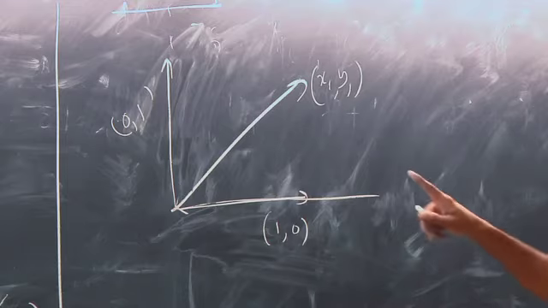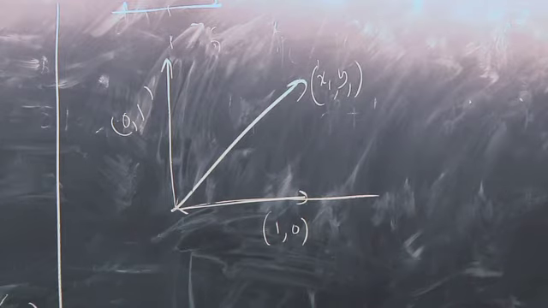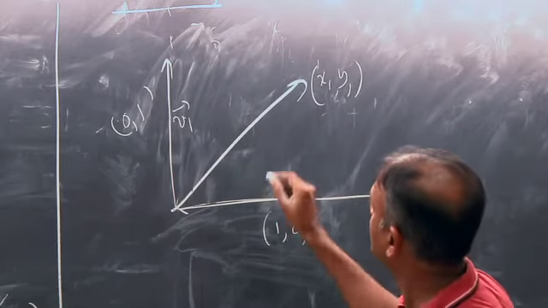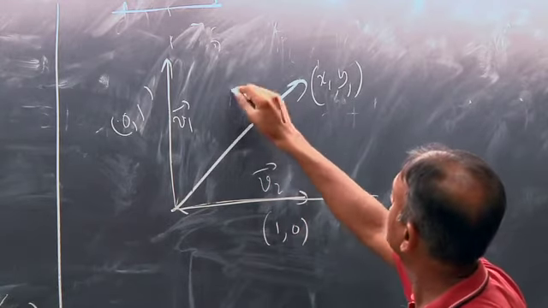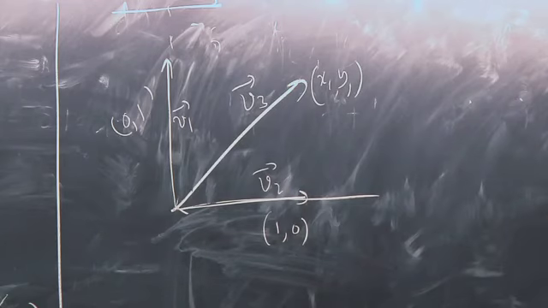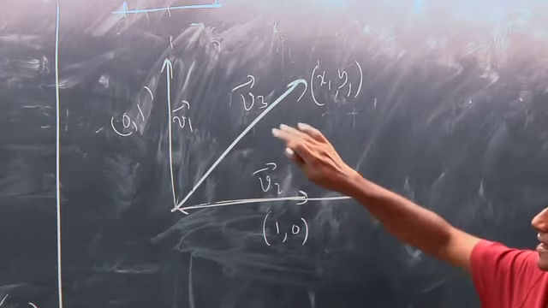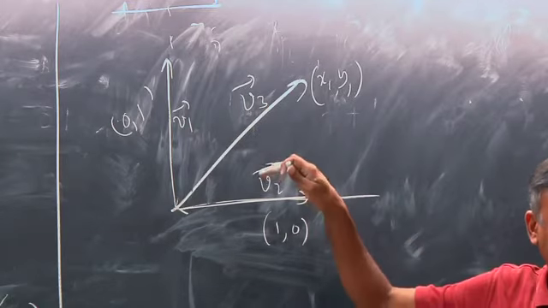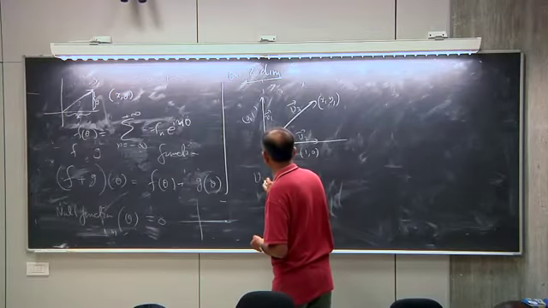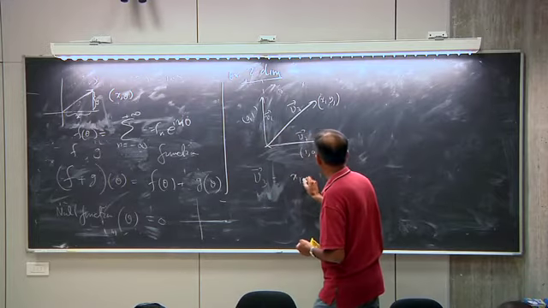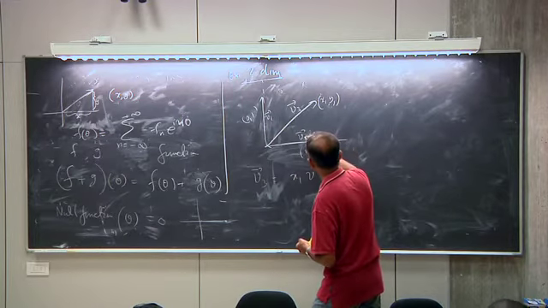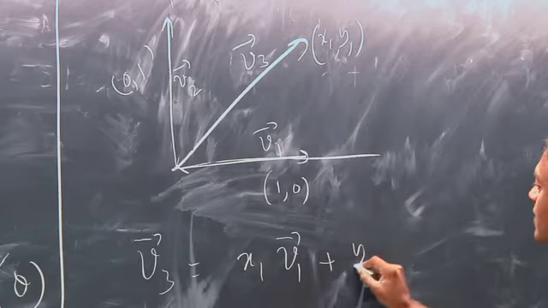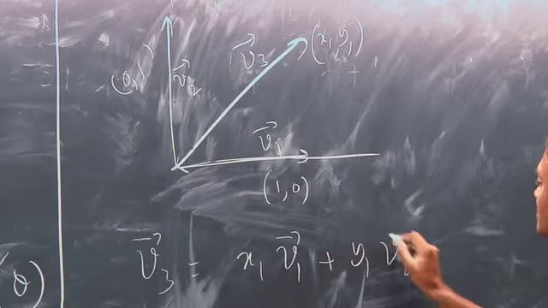Now, you see, these 3 vectors are not independent of each other, right? Let me call them v1, v2, and v3. They are not linearly independent in the sense that I can express v3 as a linear combination of these 2 vectors. In fact, you can see immediately that v3 is nothing else but x1 times v1 plus y1 times v2.